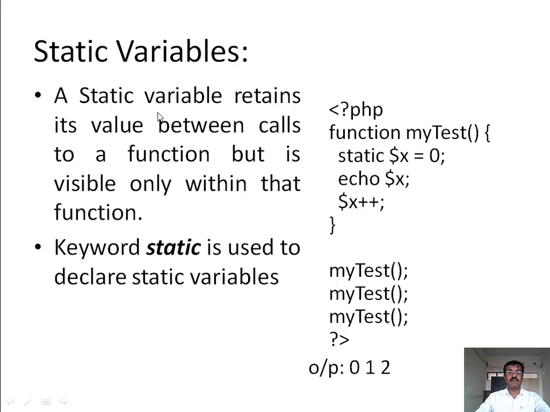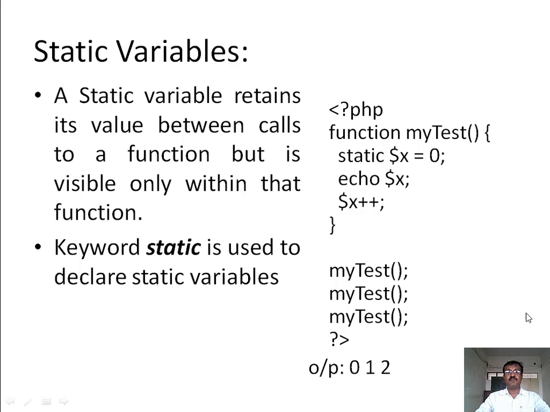But in the case of a static variable, when the variable is declared with a keyword called static, the value of the variable is retained over function calls. So that kind of variable is called a static variable. In PHP, we declare such static variables using the keyword static.